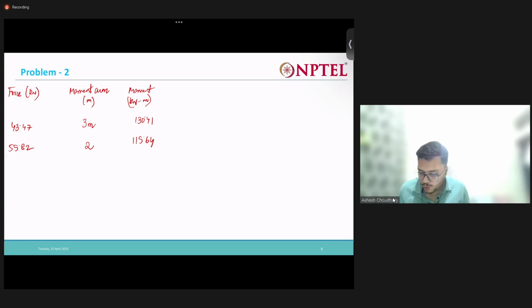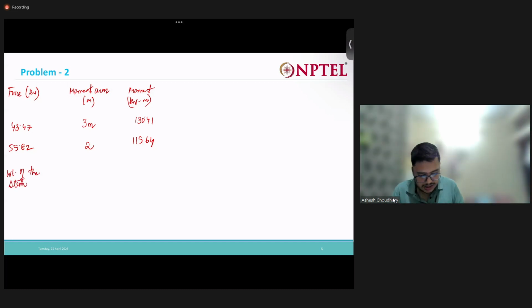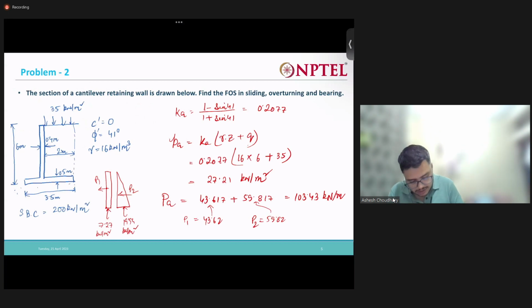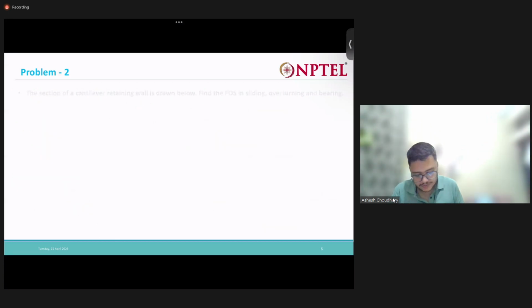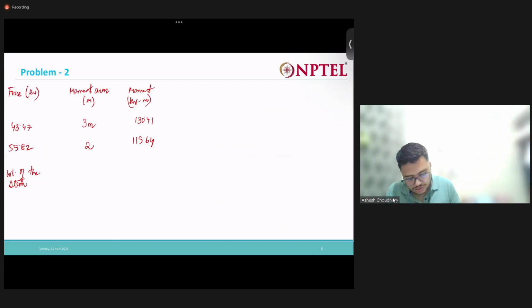Okay, so now what is the weight of the stem? The weight of the stem means this portion, right? What is the unit weight of concrete? It's 24 kilonewton per meter cube.